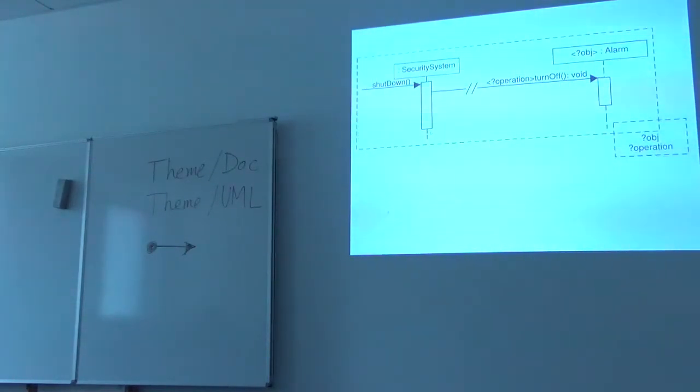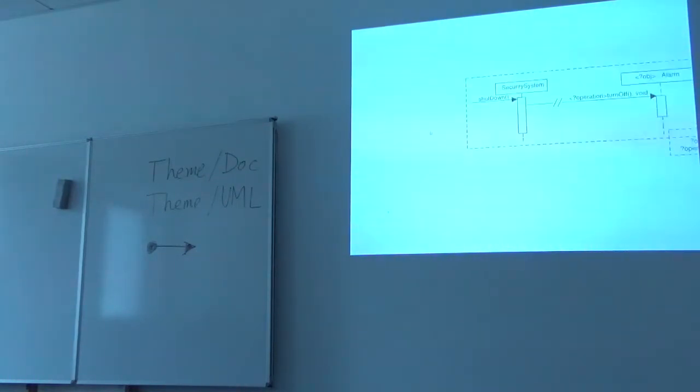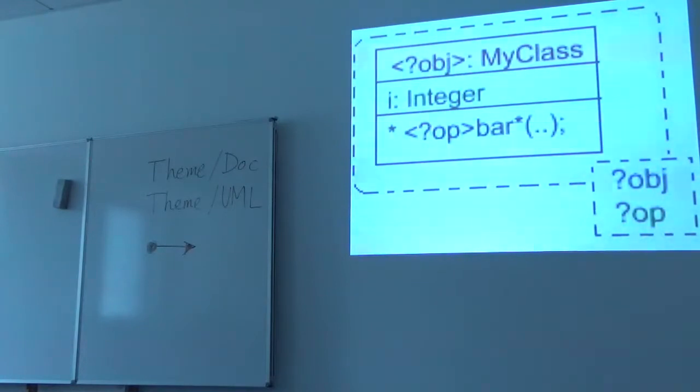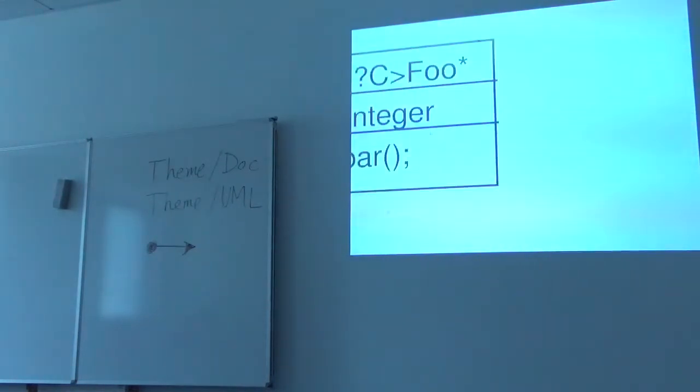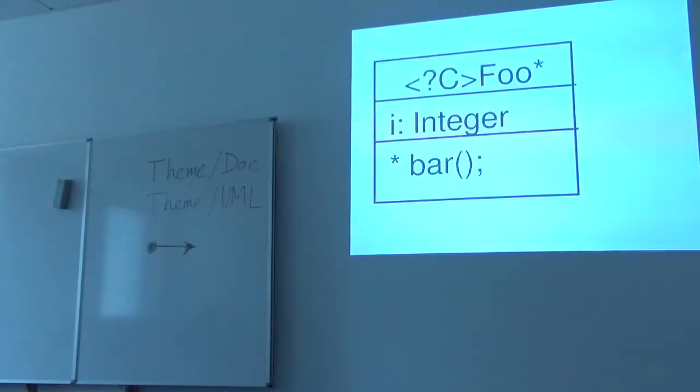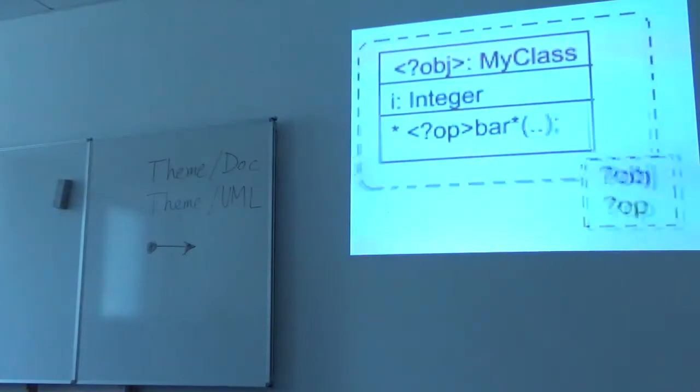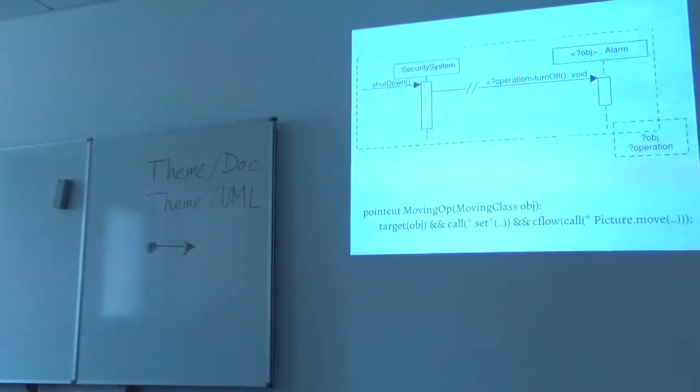Yes, I used them. The operation is put inside of that, and there's this question mark. It's a kind of a convention. You can choose whatever convention you wish. This is just my version of the diagram, but not important.